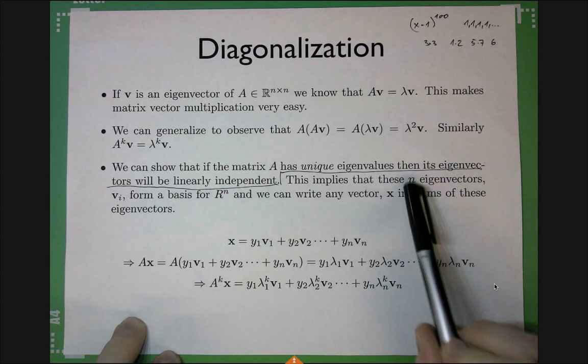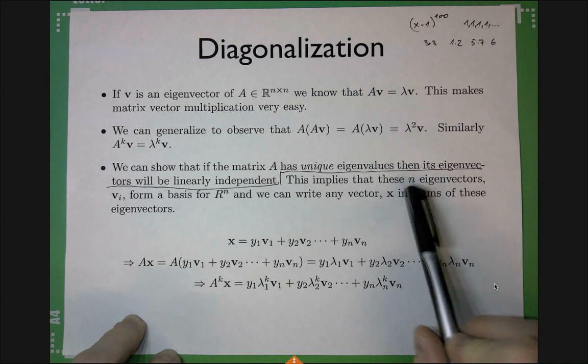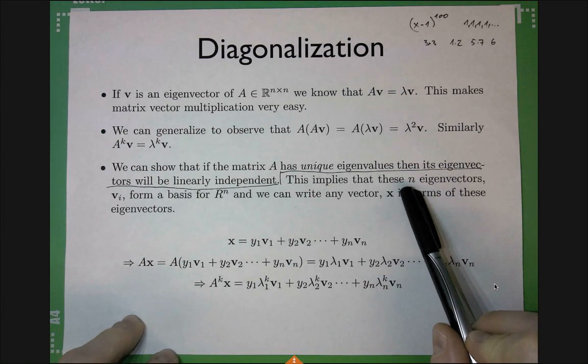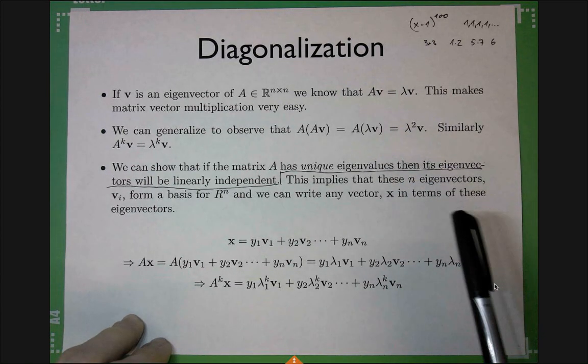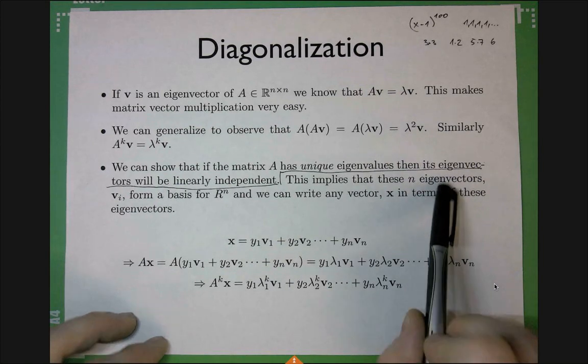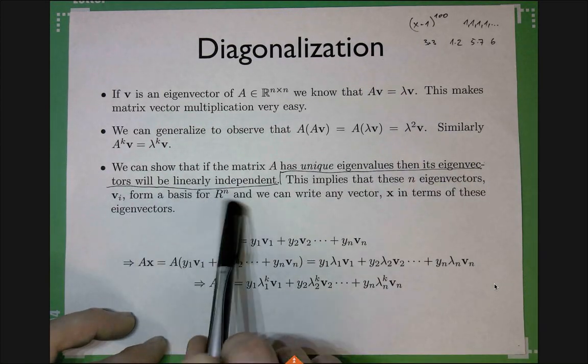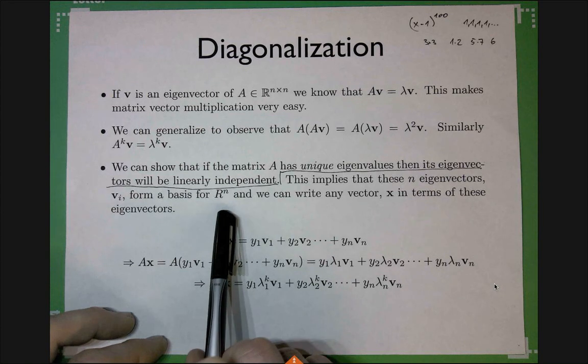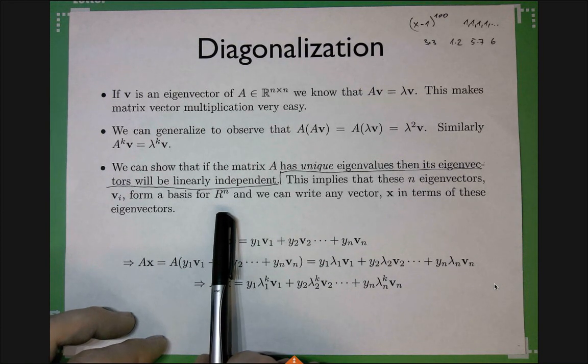And if n is the dimension of the space, then something interesting happens: we can easily diagonalize, because these eigenvectors will actually form a basis of the n-dimensional Euclidean space, which is very useful, very helpful.